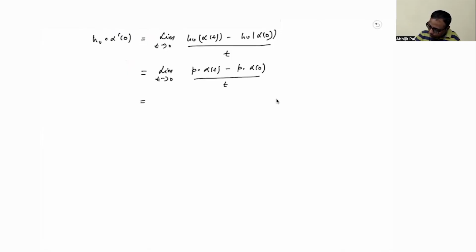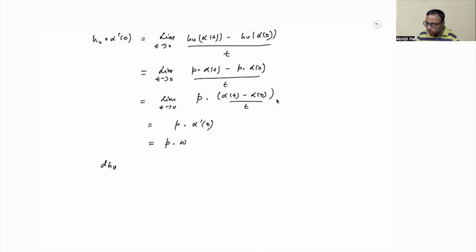Which is again the limit as t tends to 0 of B dot product with (alpha(t) minus alpha(0)) divided by t. The t you can take inside, so we have B dot product with alpha prime(0), which is nothing but B dot product with W. Therefore, the differential of H_B at the point P of W is nothing but B dot product with W. Okay, so this is one example.